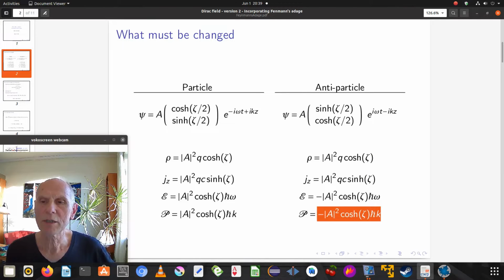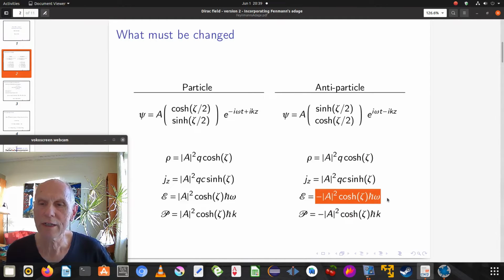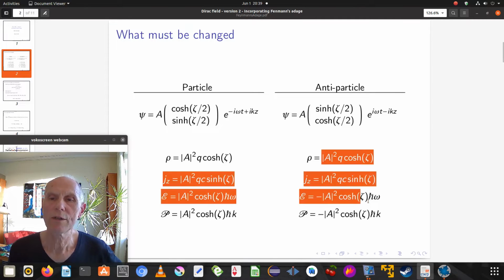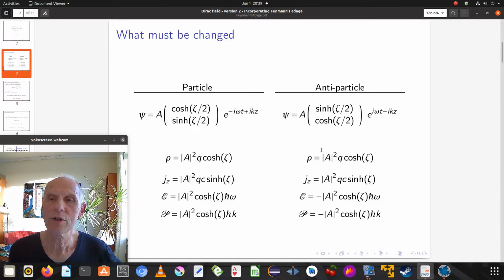And since the momentum goes into the energy, we'll lose energy conservation as well. So what do we do? We have to follow the procedure and define a field where these signs come out as the opposite of what they are.